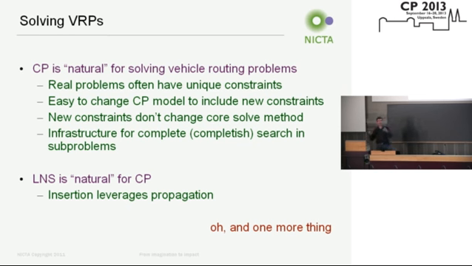All of that stuff that I was talking about worked regardless of the constraints we're applying. And once you've decided on CP, LNS is a really solid way of exploring your search space because it's able to leverage the full power of propagation from the CP engine.